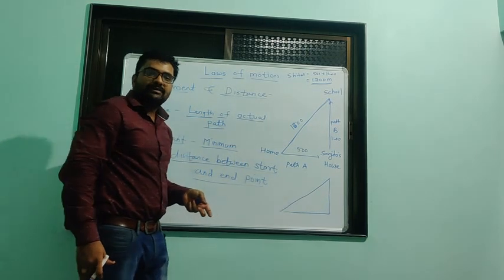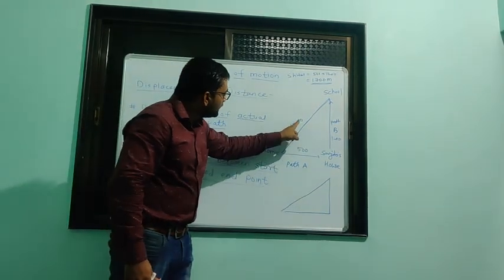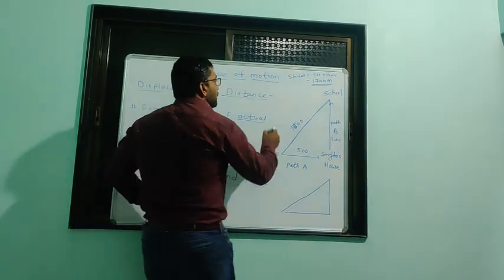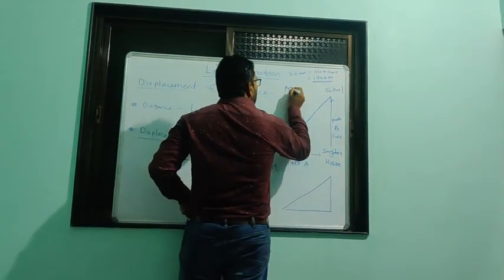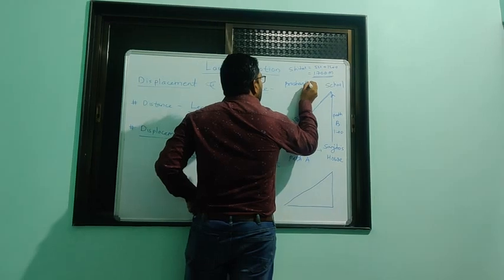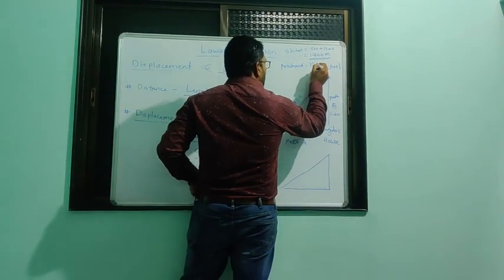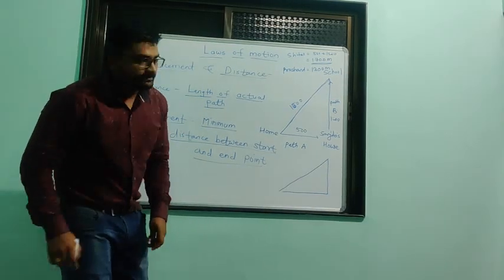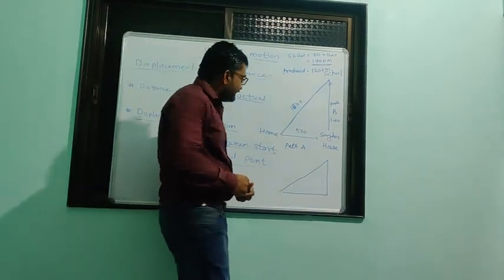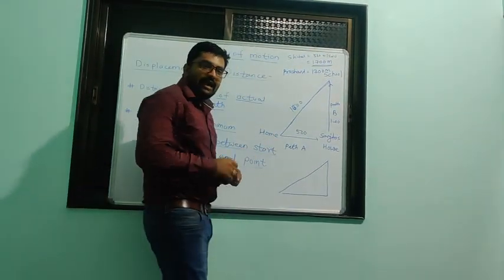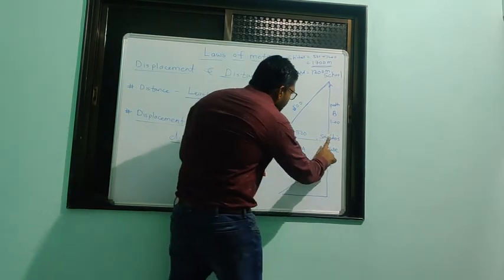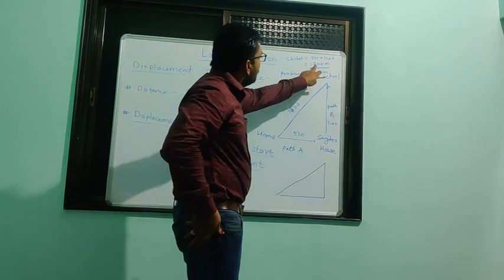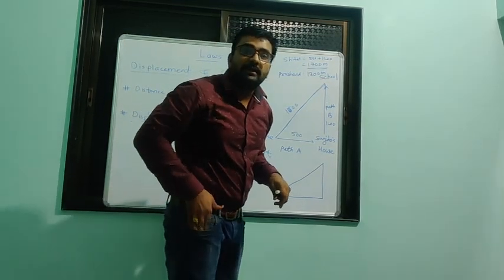So this distance is how much? 1300 meters. So Prashant has to go 1300 meters only, but Sheetal has to travel 500 plus 1200 meters, a total of 1700 meters.